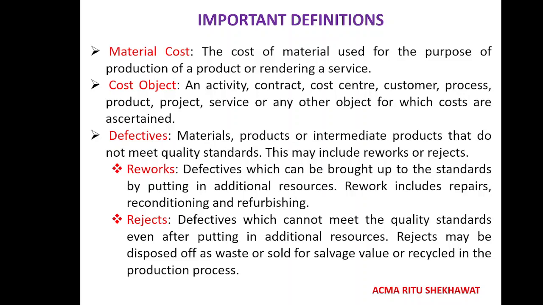Defective is quite important. We need to identify these definitions because ultimately we need to know how much cost is involved in those defectives, which may be discarded, as many companies write off these defects. They say these are the defects and we are throwing them away or discarding them.